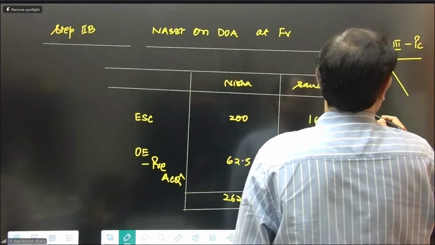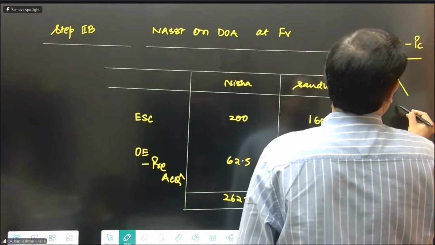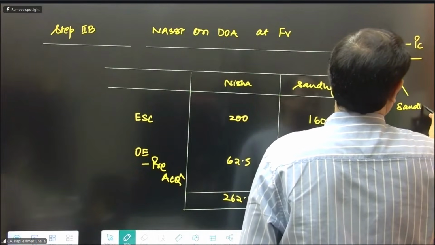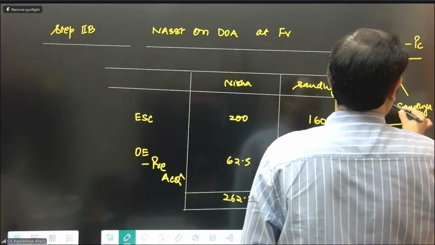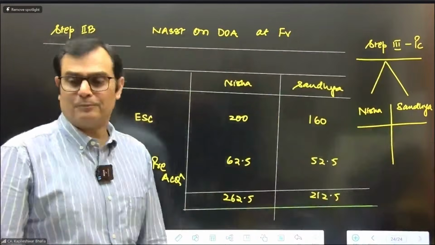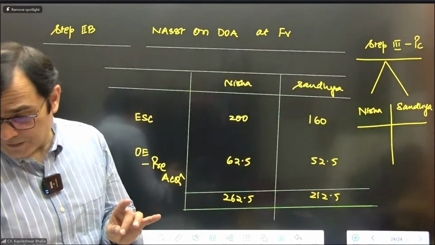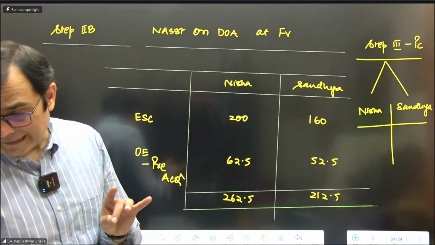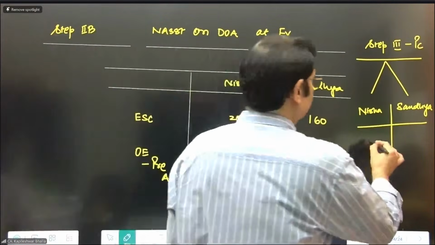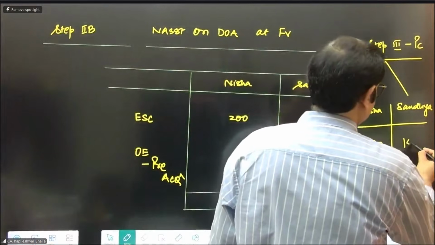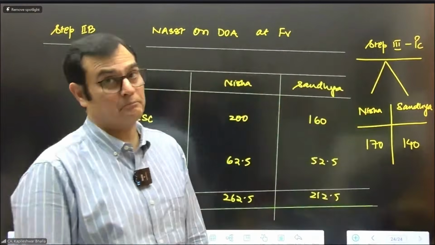So we've got the investment in Nisha and the investment in Sandhya. I'll just pick up the values in the balance sheet for the investments. So we are given the investments in the balance sheet. In Nisha, it is 170 and in Sandhya, it is 140.